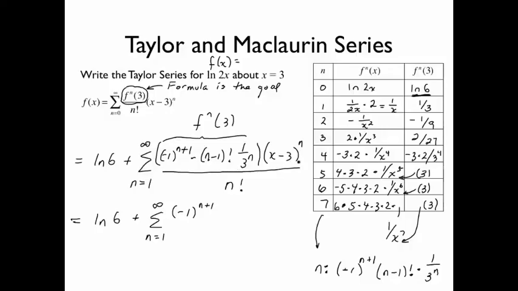We could also, if we want, combine these using laws of exponents. How do those group together? Just over n, what about 1 over 3 to the n times x minus 3 to the n? What is that? x minus 3 over 3, all to the n.